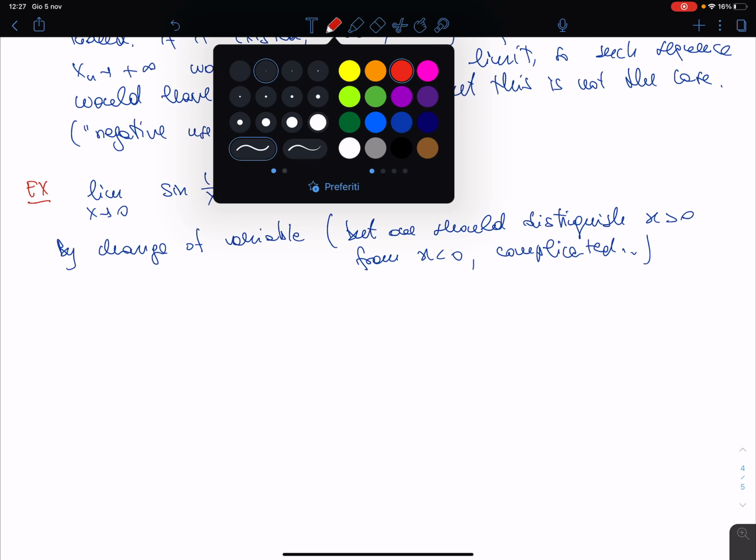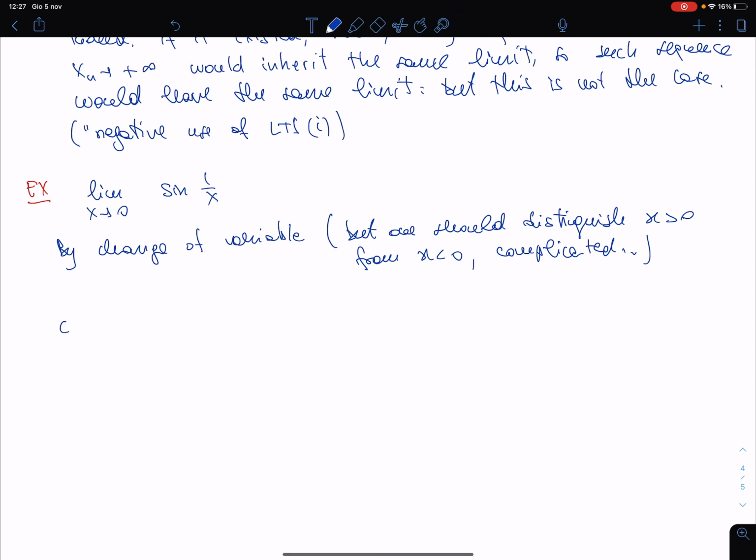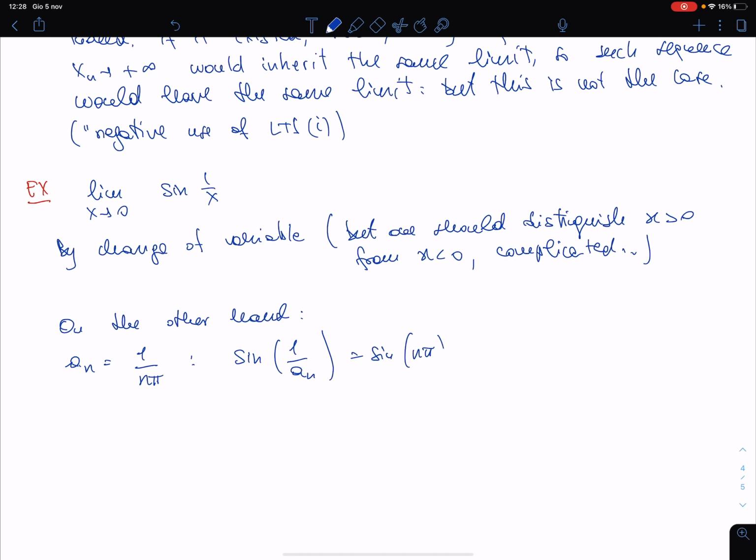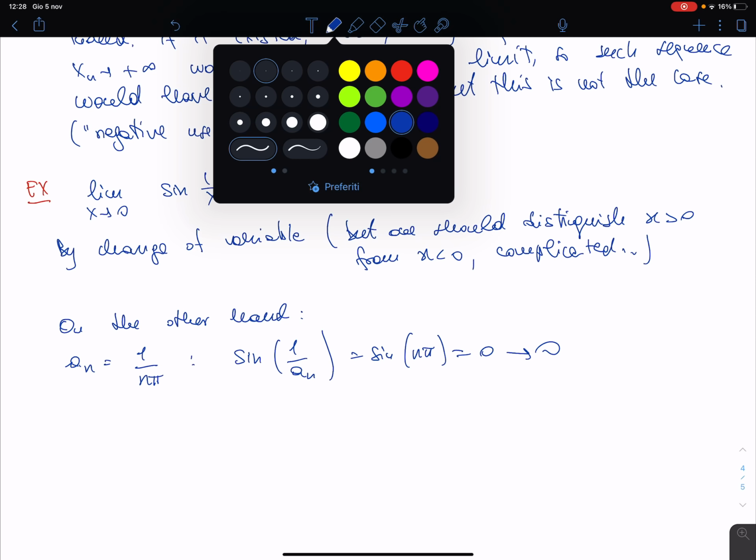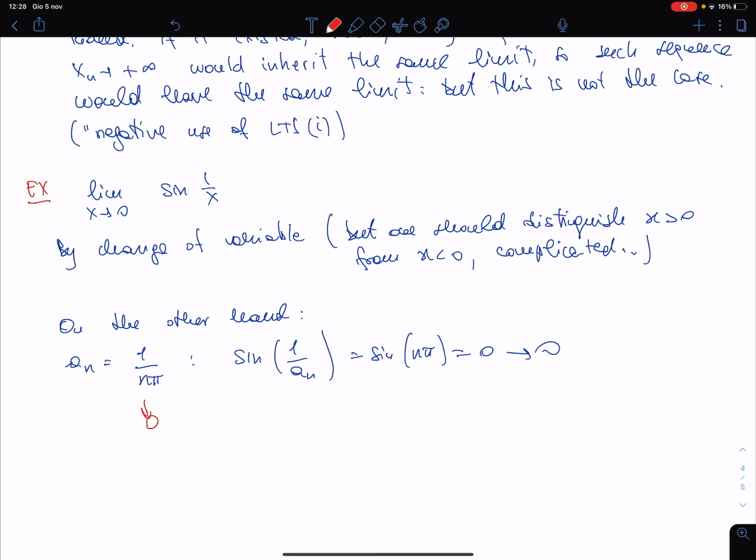The second strategy is, on the other hand, we define two sequences an equal to 1 over n pi. So we have that sine of 1 over an is equal to sine of n pi, which is equal to 0, that goes to 0. Of course, 1 over n pi goes to 0.